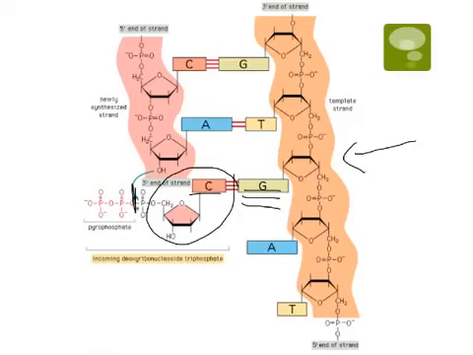When I break that bond, that energy is used to attach this 5' end of my nucleotide to the 3' end of the previous nucleotide. So ultimately, I'm building my new strand from 5' to 3'.